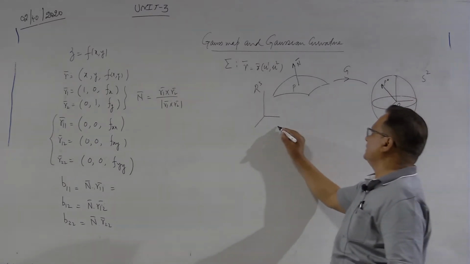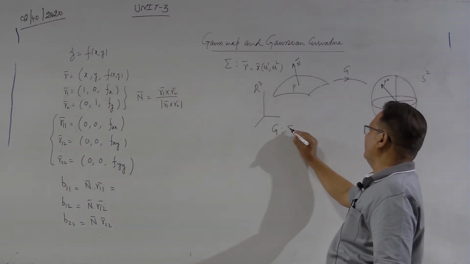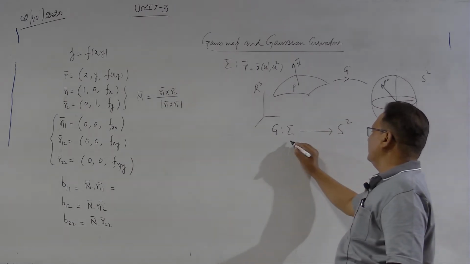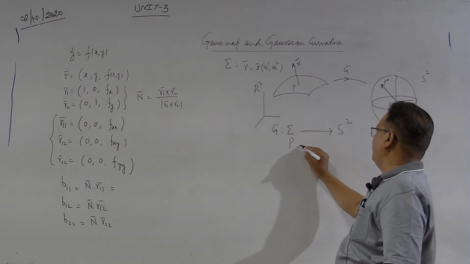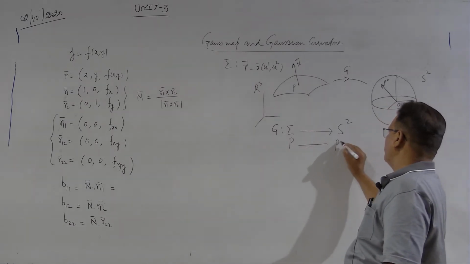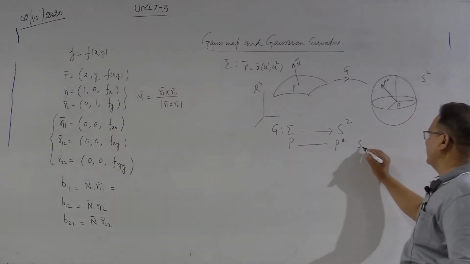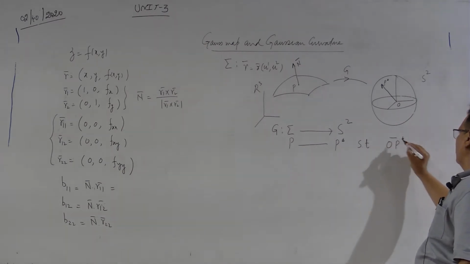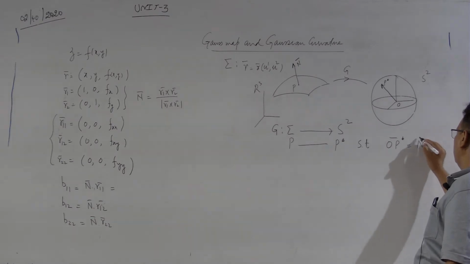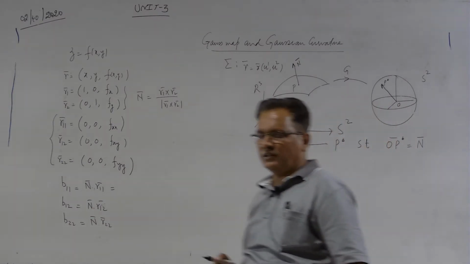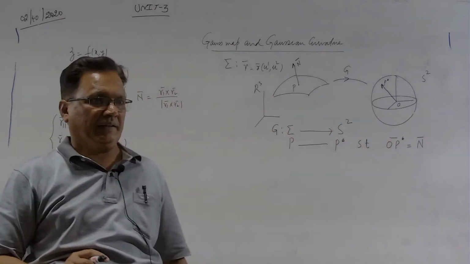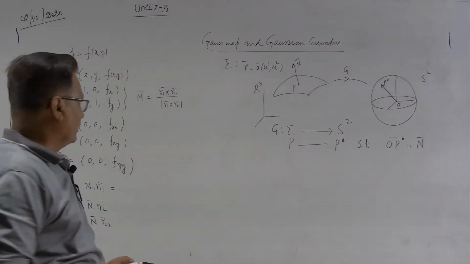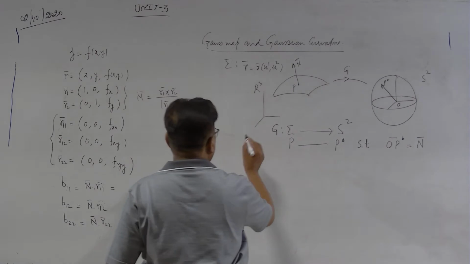So, G is the map from the surface sigma to the unit sphere S 2, and it maps a point P to a point P star such that the vector OP star is precisely the unit normal to the surface at the point P. This is how the Gauss map works. So, this is the definition of the Gauss map.